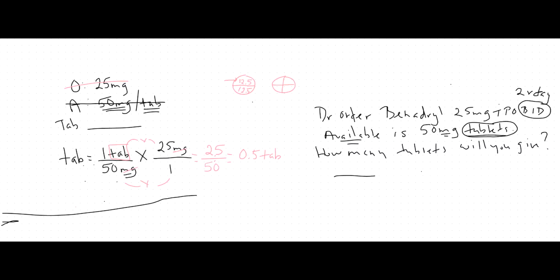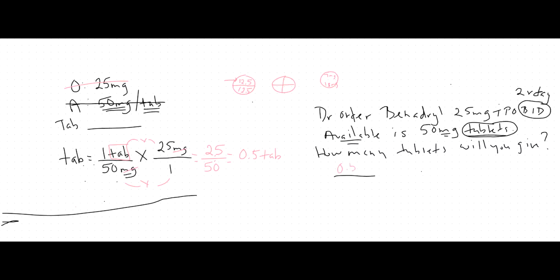The problem is if it's not scored, there might be 7 milligrams at the top and 18 milligrams at the bottom half. We don't really know the exact mixture because it's not scored and equally done. All right, so this would be 0.5 tabs.